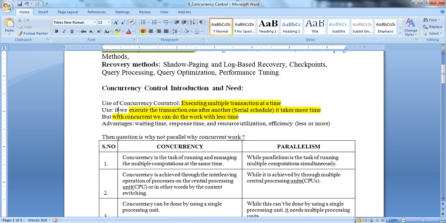Now, if we execute the transactions one after another, that is what we normally know as the serial schedule. It takes more time.